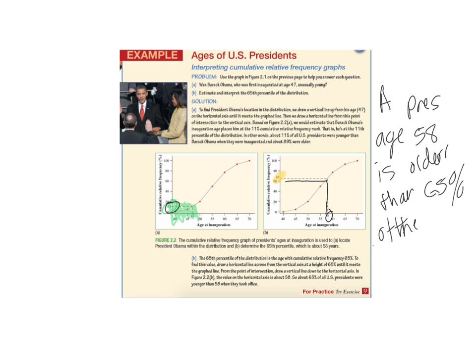Okay? That's how we interpret that. Getting used to writing on this thing. So a president, age 58, is older than 65% of the other presidents. Okay, that's what it means when we're talking about interpreting using a cumulative frequency plot. That's what we're looking for.